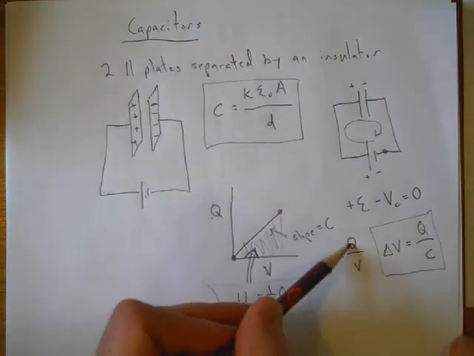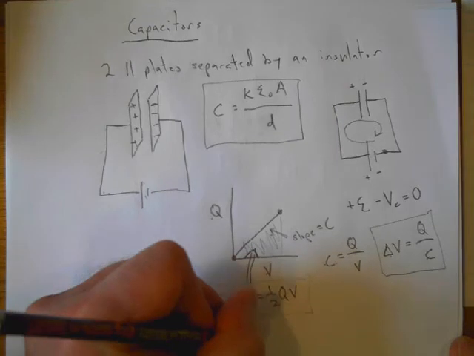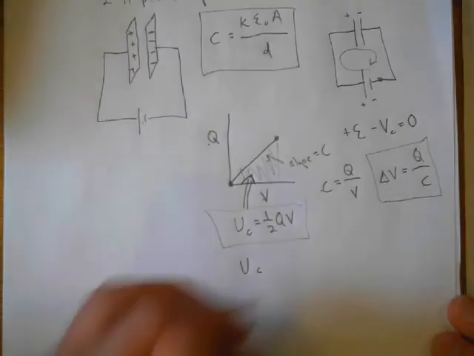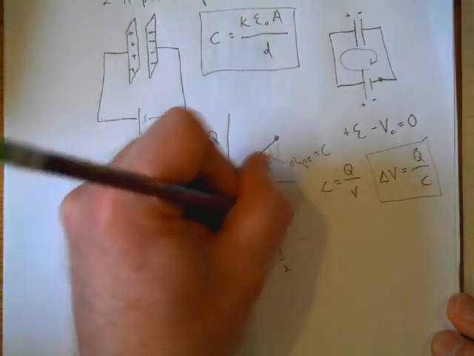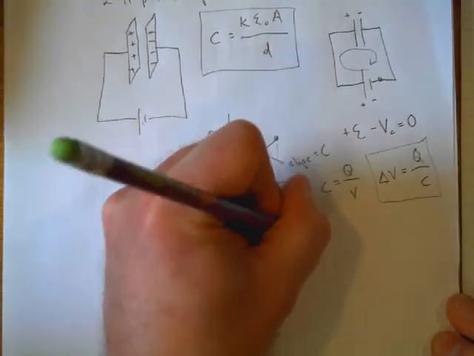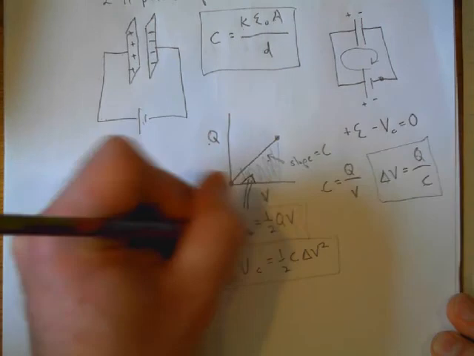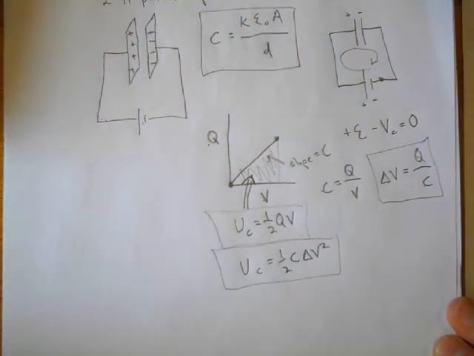Or if you solve this for Q, Q equals C times V, and plug that in, you would get 1/2 C delta V squared. Actually, the way it's written is delta V, but same difference. Again, it's on the formula sheet, but these two things are really the same thing.